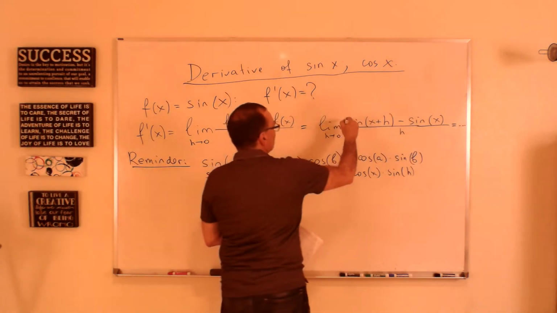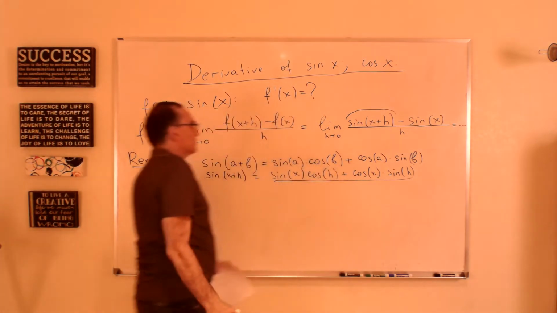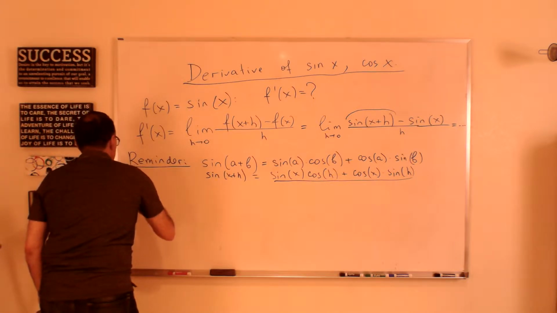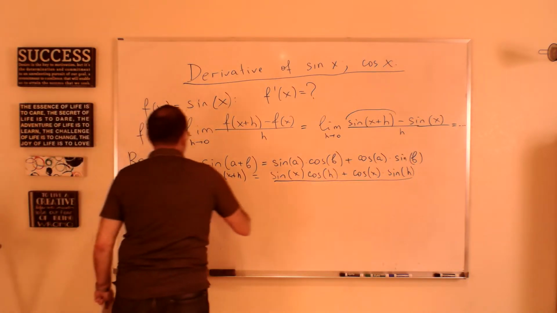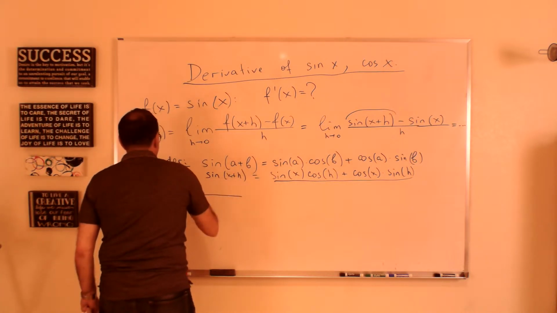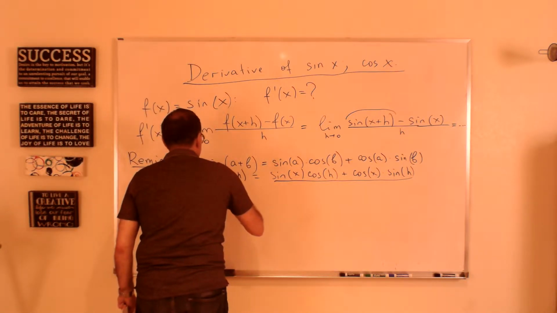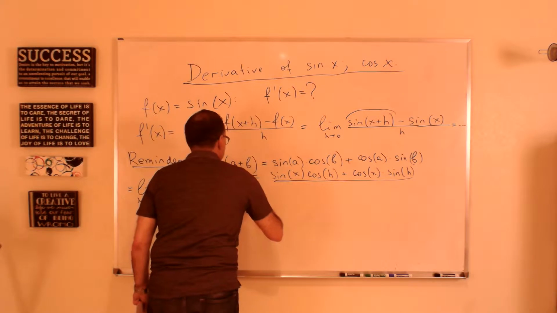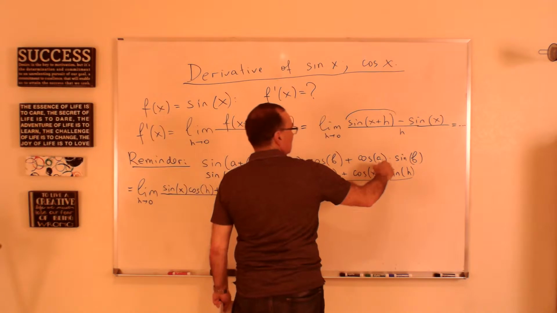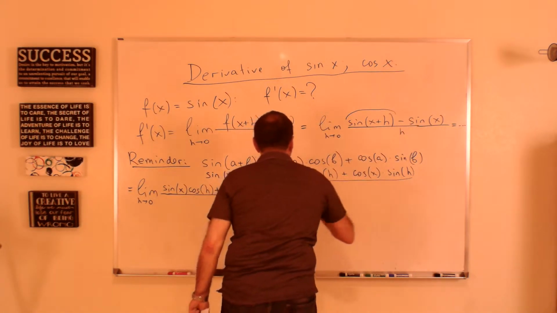So what I'm going to do, I'm going to replace sine of x plus h with this long formula here. So it will become limit as h approaches 0 of sine x cosine h plus cosine x times sine h, and then we need to subtract sine x and then divide this by h.